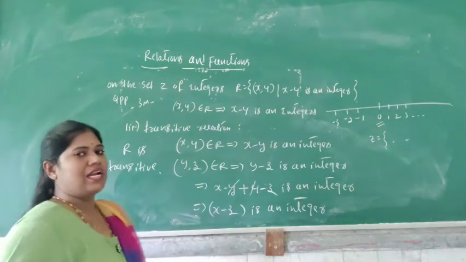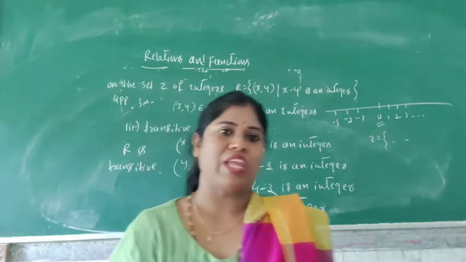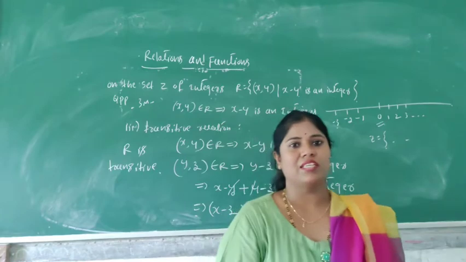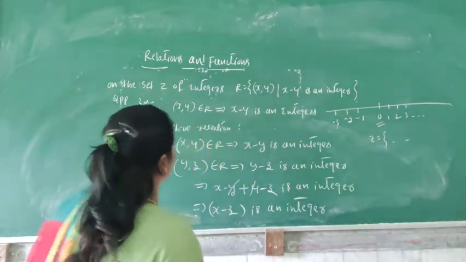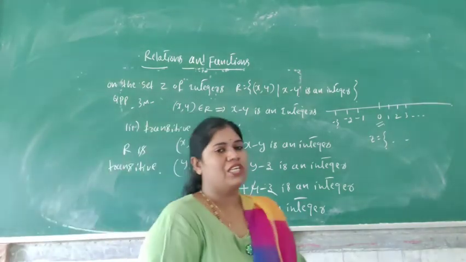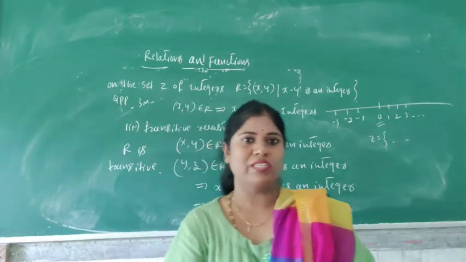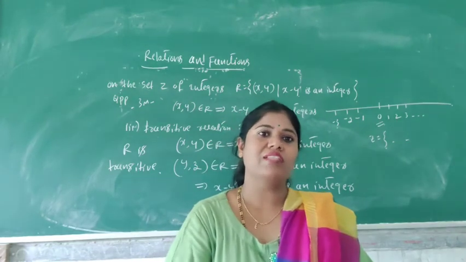So if all the conditions are satisfied, if it is reflexive, symmetric and transitive, what is it called? It is an equivalence relation. Hence, R is an equivalence relation. What is an equivalence relation? If the relation is reflexive, symmetric and transitive, then it is called an equivalence relation.